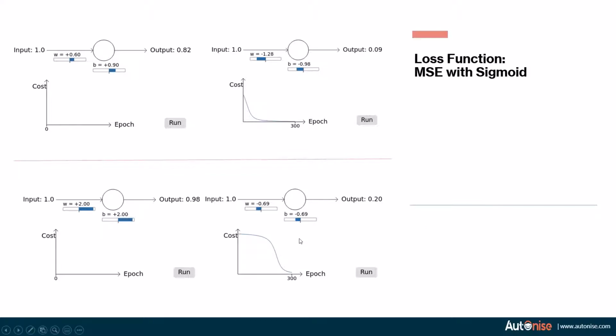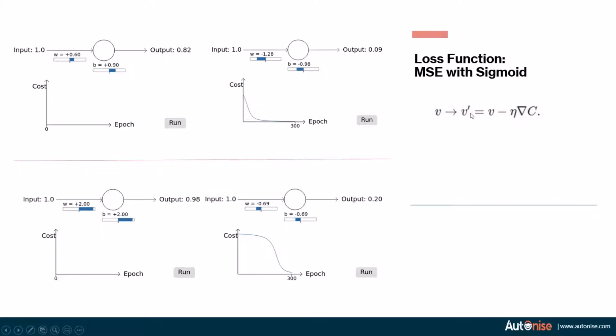Before we go on to understanding this, let's just revise that the weight update rule looks like this. The new weight is the current weight minus learning rate times the gradient of the cost function with respect to the current weights.